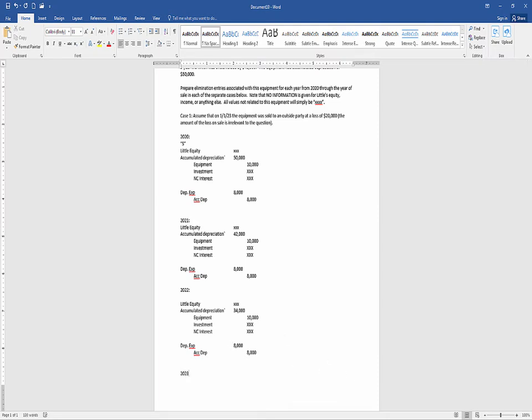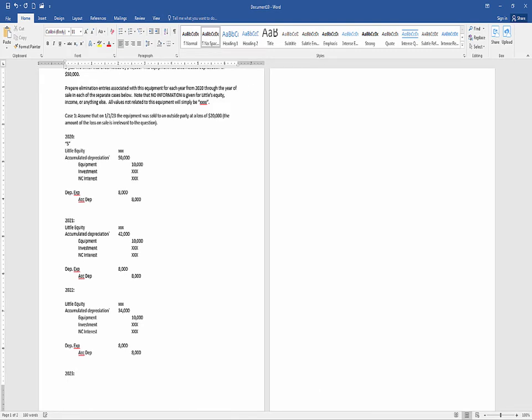We get to 2023, and now the asset is being sold on January 1st, 2023. So what do we have to do? First, our S entry, again, brings things up to date as of the end of the previous year.